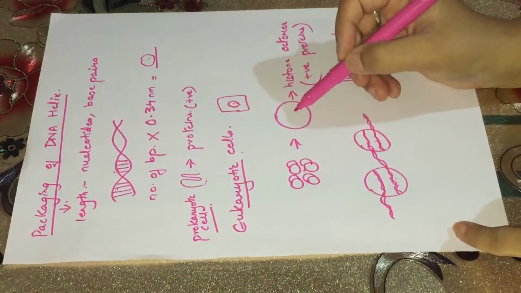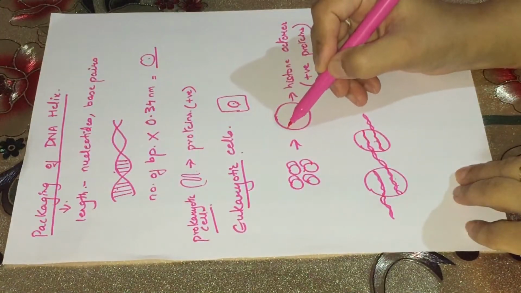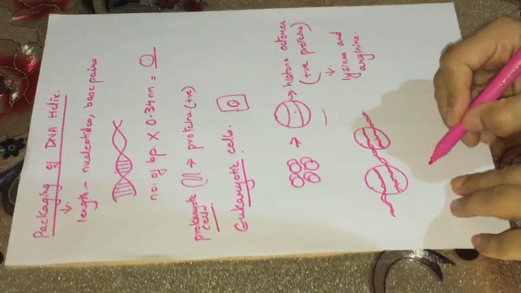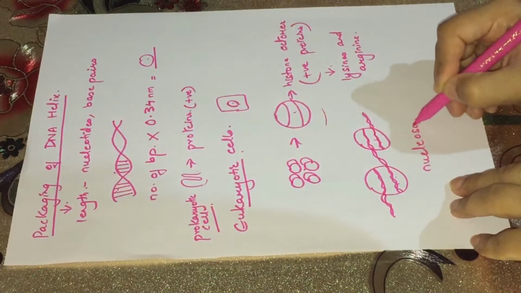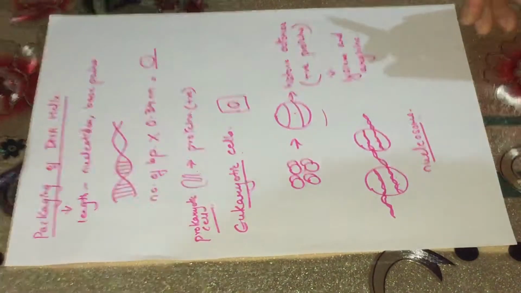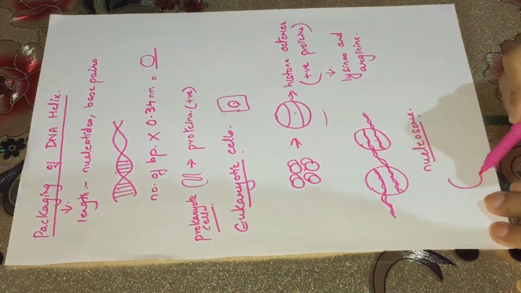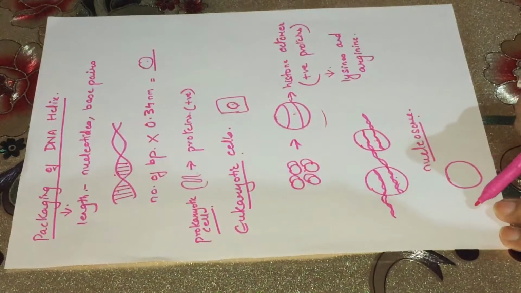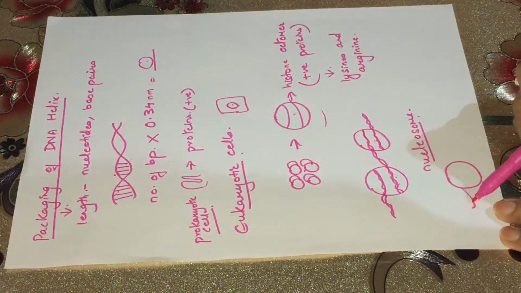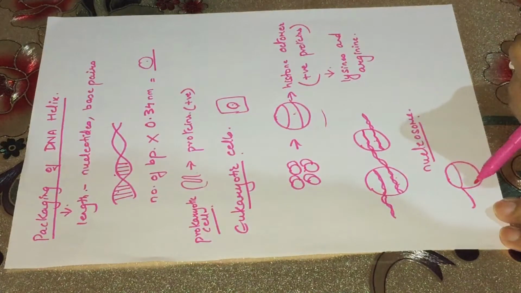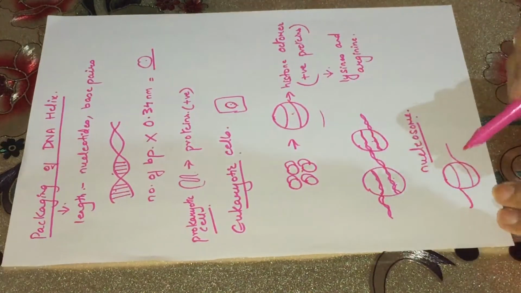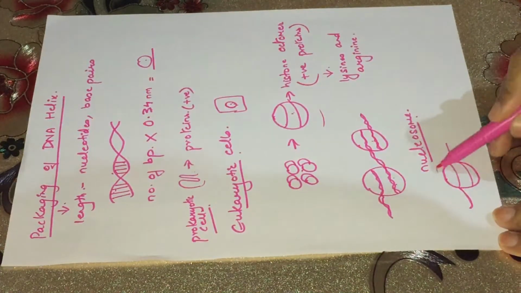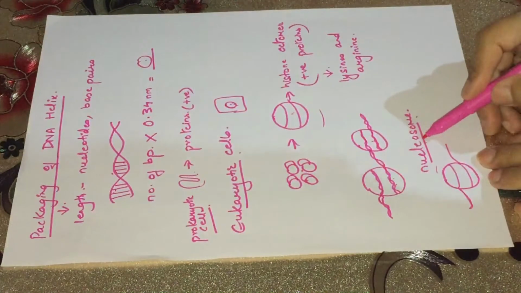When the DNA double helix is wrapped around the histone octamer, the structure, the histone octamer where DNA is wrapped, is called a nucleosome.